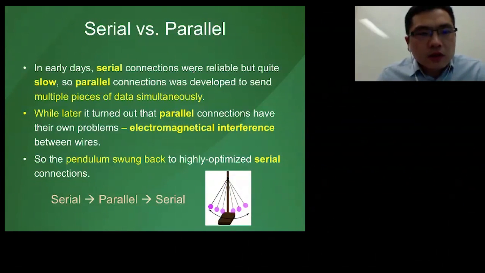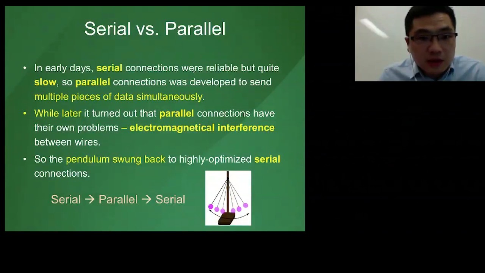programming model. In early days, serial connections were reliable but quite slow. So then we introduced parallel connections. That means we can send multiple pieces of data simultaneously. Later we found that parallel connections have their own problems.